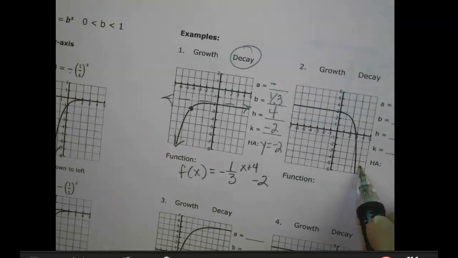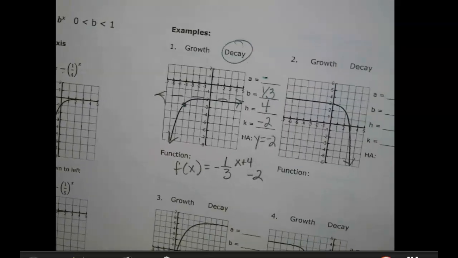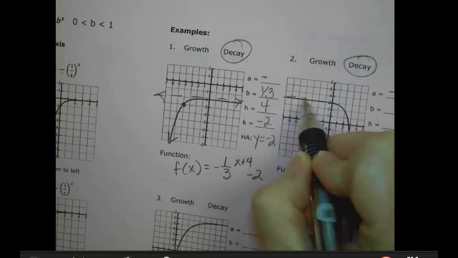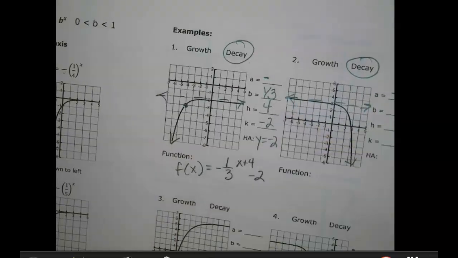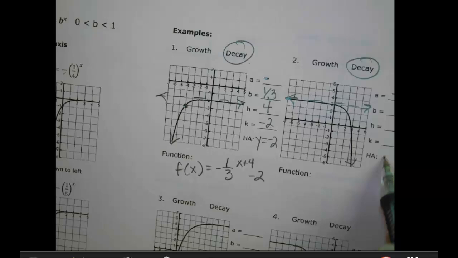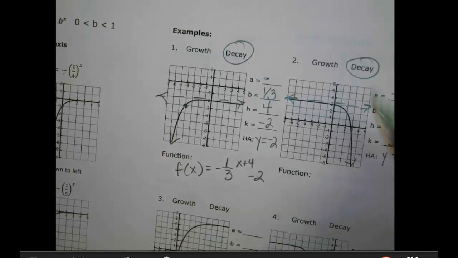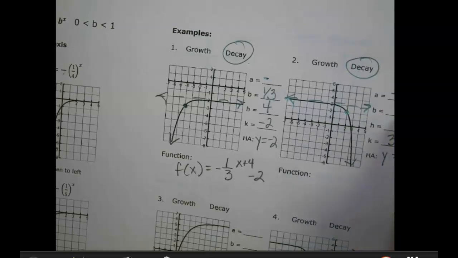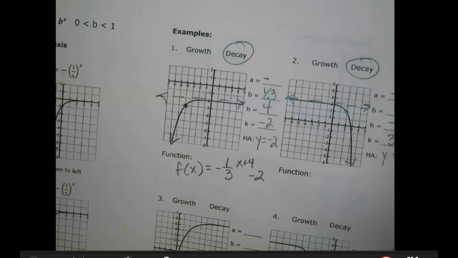So the next one is down on the right, which makes this a decay. That makes this negative. I'm going to go ahead and dot in my asymptote, which is right here. And that makes my horizontal asymptote 3. That's going to make my k 3. So now I have to find my 1, which is here. I'm 2 off, which means it's -2 because it's a liar.